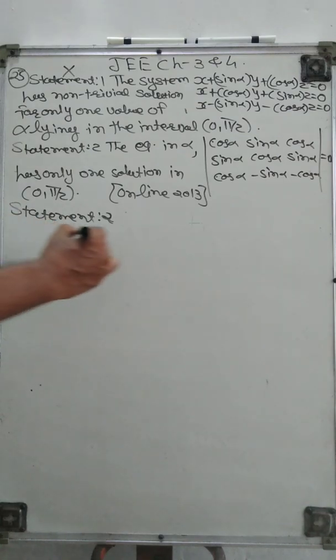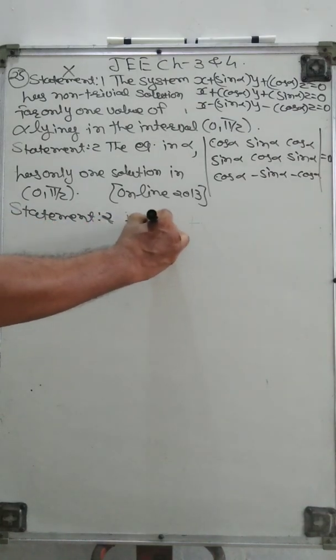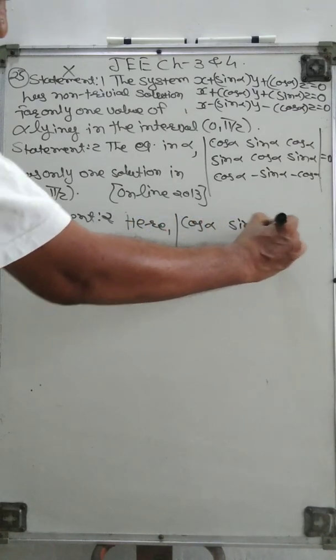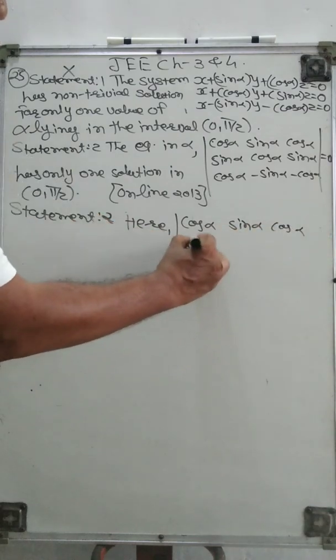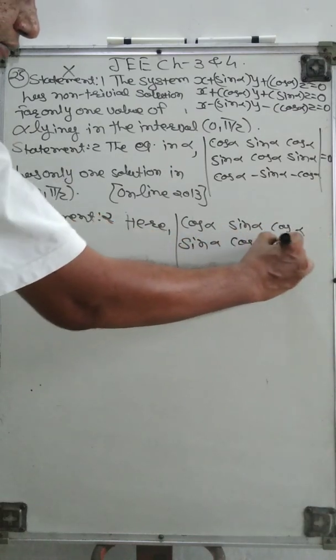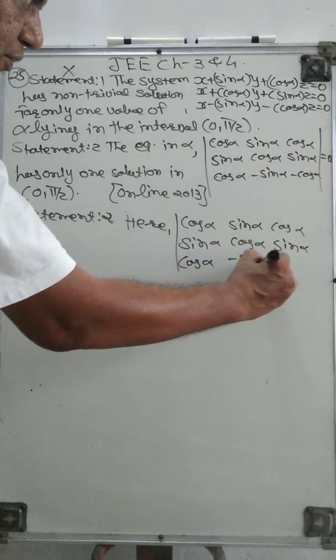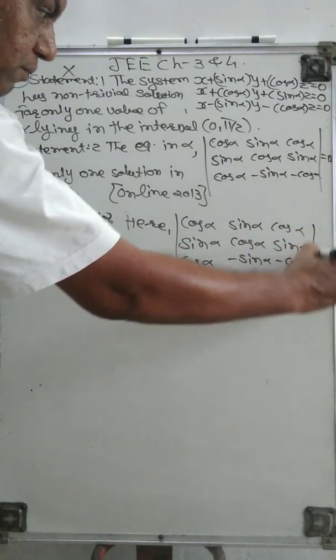Let me check it. Here this determinant is given: cos alpha, sin alpha, cos alpha; sin alpha, cos alpha, sin alpha; cos alpha, minus sin alpha, minus cos alpha, equal to 0.